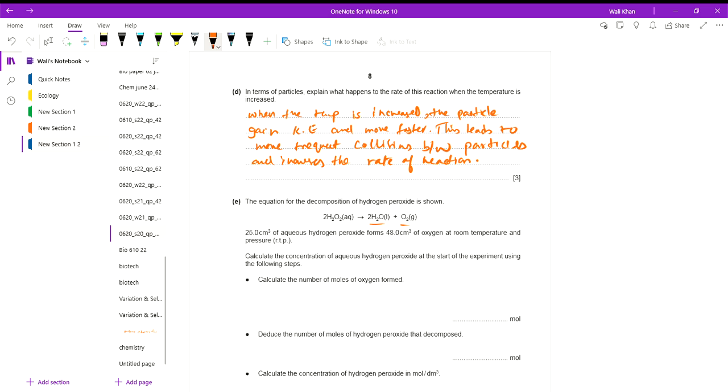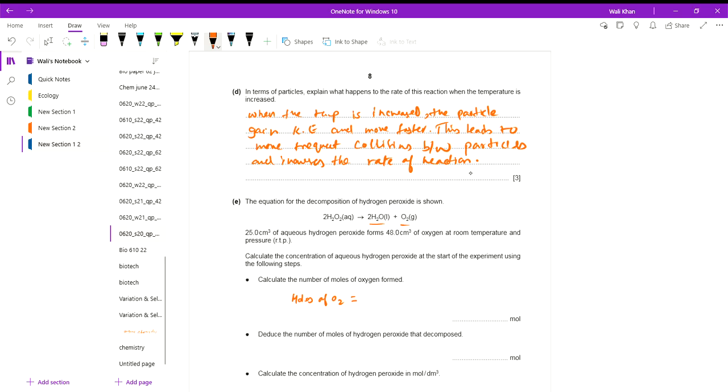So आपको पता है कि रूम टेम्परेचर और प्रेशर पे 1 mole of gas occupies 24 dm cube, ठीक है, at room temperature. तो इसका according to that volume of gas से हम इसकी moles find out कर लेते हैं. It forms 48.0 cm cube.